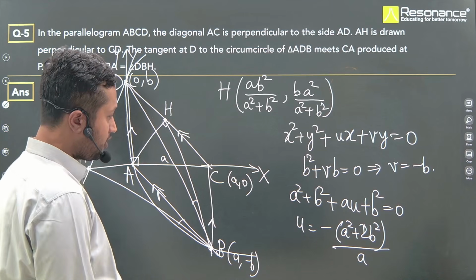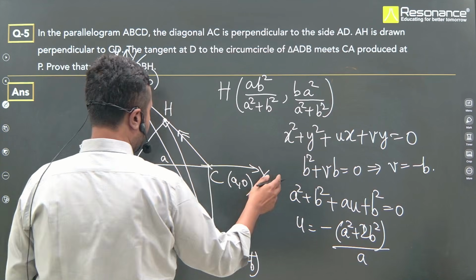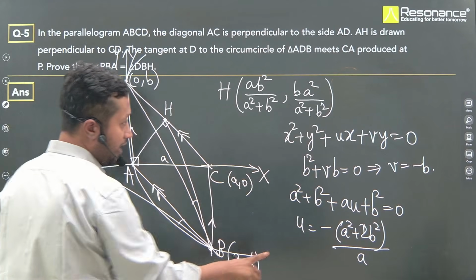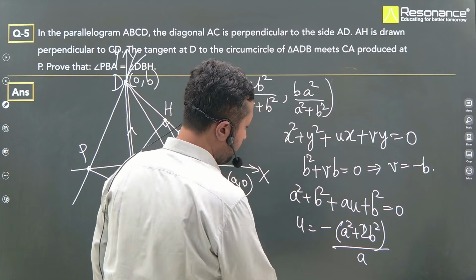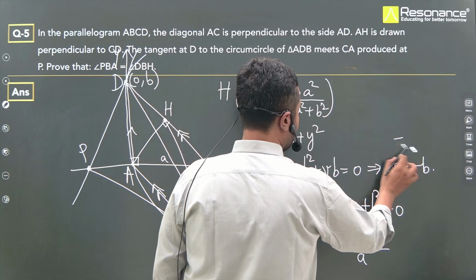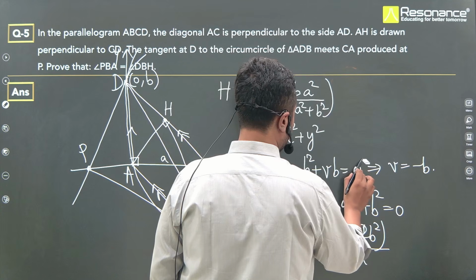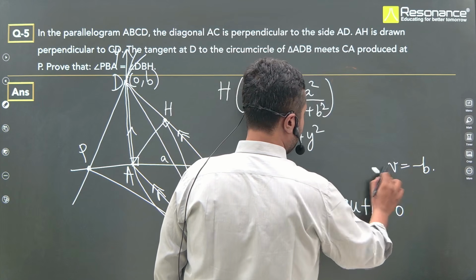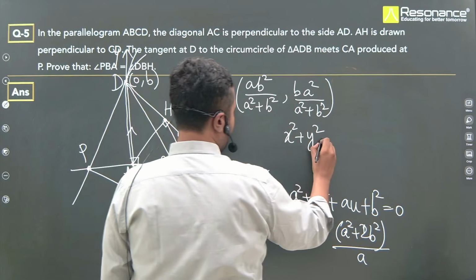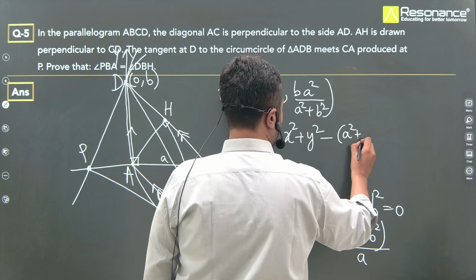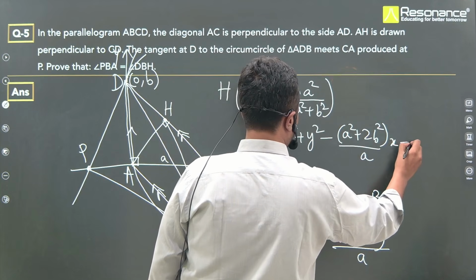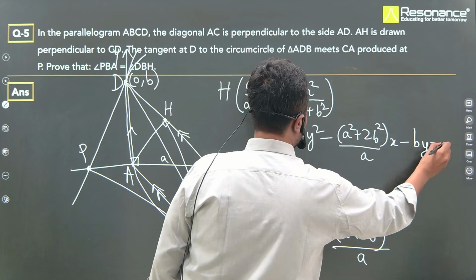So now what does the equation of that circle look like? Let's keep that in mind. So value of V is minus B, value of U is that. So the equation of the circle now looks like x square plus y square minus A square plus 2B square by A x minus B y is equal to 0.